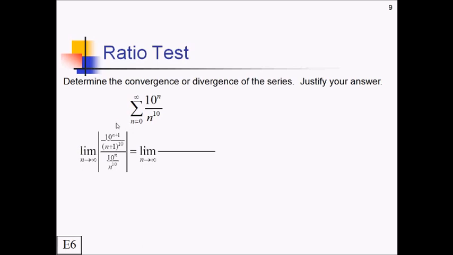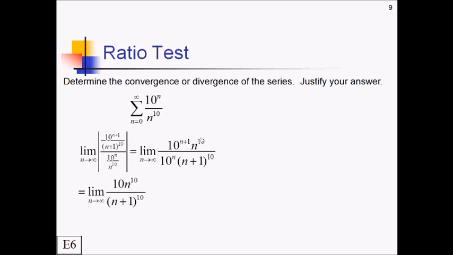In my numerator, I've got 10 to the n plus 1 times this n to the 10th that flips upstairs. Downstairs, I have the n plus 1 to the 10th, and also this 10 to the n is coming downstairs. Reducing things a little bit, 10 to the n plus 1 over 10 to the n, subtracting the exponents, that just leaves me with 10 to the 1st in the numerator.